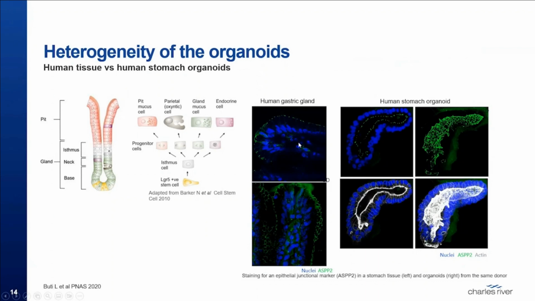So here you can see the staining for ASPP2 in green of a healthy donor, and this is the tissue, the stomach gland. And then from this donor, we derived organoids. And what you can appreciate is that the organoids have a very similar localization of ASPP2, here shown in green, at the tight junction, very similar to what we have observed in vivo.